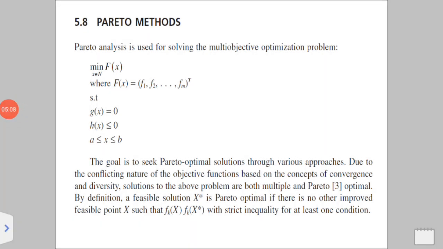There are two types of methods in solving this problem. The first method is the one-at-a-time strategy. In this method, a multi-objective optimizer is applied repeatedly to get the optimal solution.